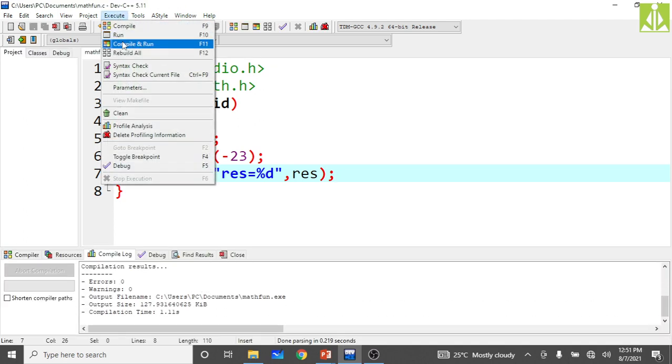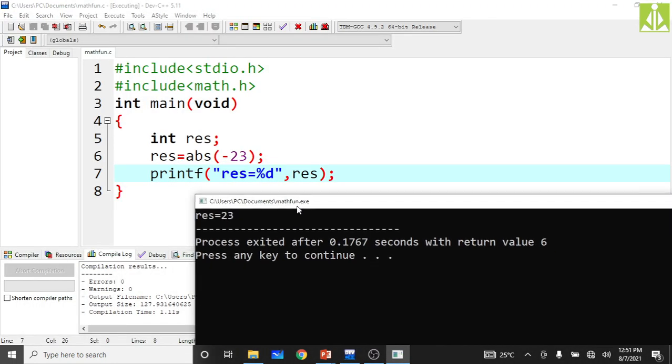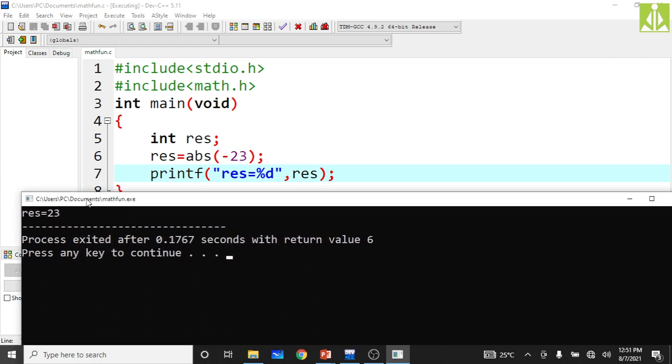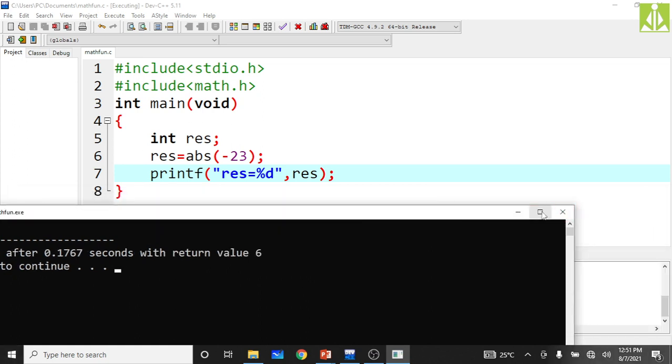Compilation successful, and as you can see, you will get the positive value. We supplied the negative value to the function and it is returning the positive value. So we got the result as positive 23, not negative 23. The reason is that the absolute function will return the positive value.